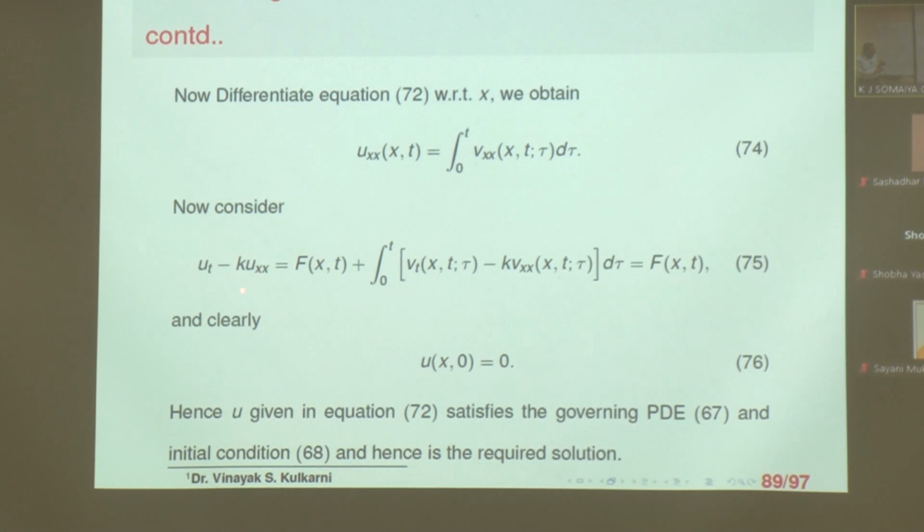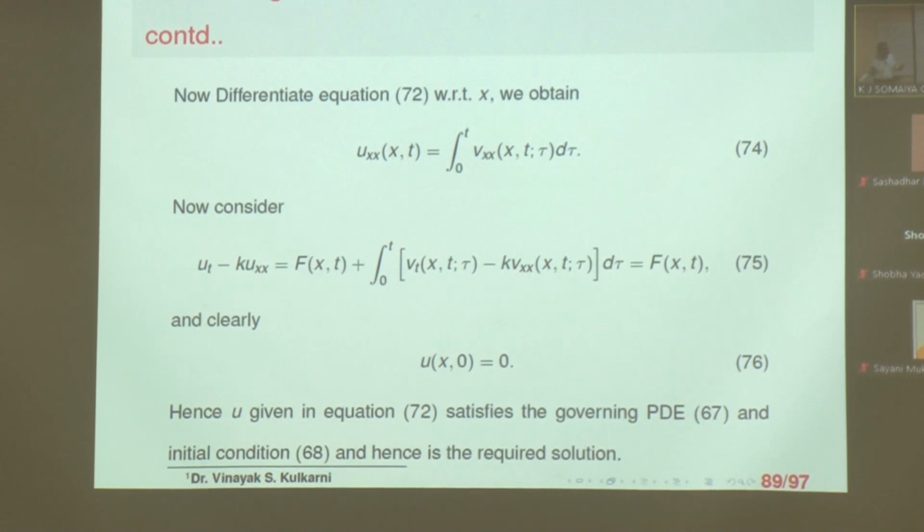What will happen here? The initial term I have substituted, and the integral equation I just combine over here. I have substituted the value of u_t and the value of u_xx. Now, according to the parallel problem, what is the value of v_t minus k v_xx? It is 0.